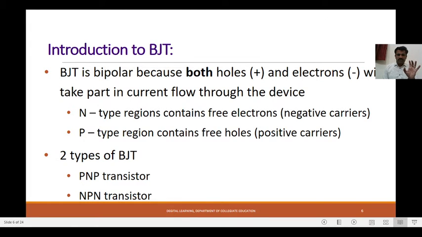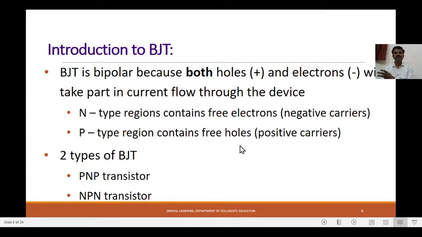A BJT is a three-terminal device. It could be an NPN or PNP transistor, so it has an N region and a P region. The N region consists of negative carriers or free electrons, and the P region has positive carriers or free holes.